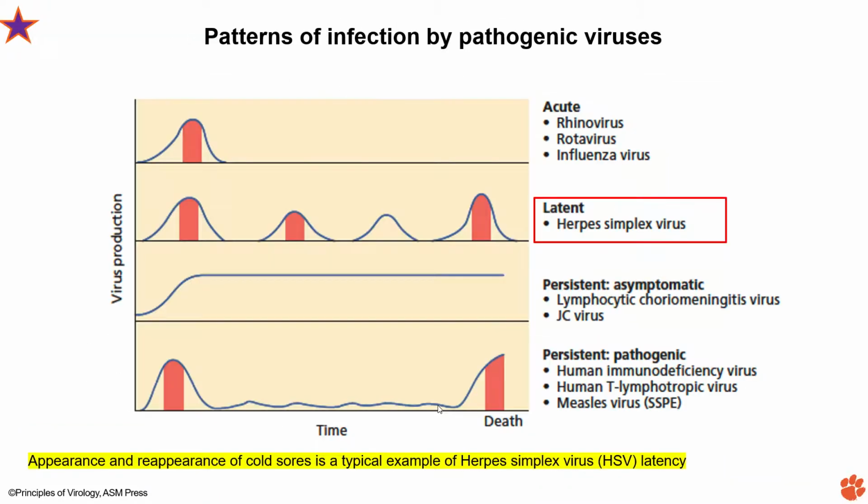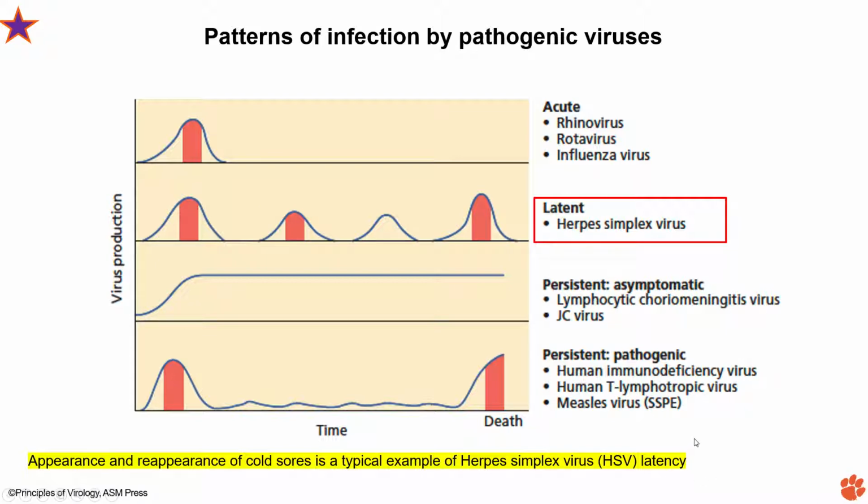All right. Here is a very typical question, just a recap type of question. Reappearance of the cold sore by the herpes simplex virus. This is basically latency. Very straightforward question.